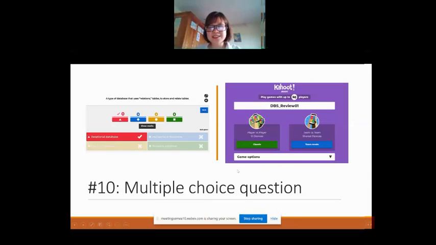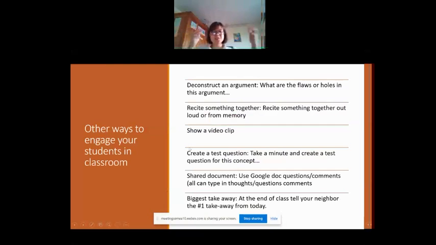And there are several other methods, other ways to engage your students in the classroom. For example, deconstruct an argument. This one, you will ask your students what are the flaws or holes in this argument. The next is to recite something together.